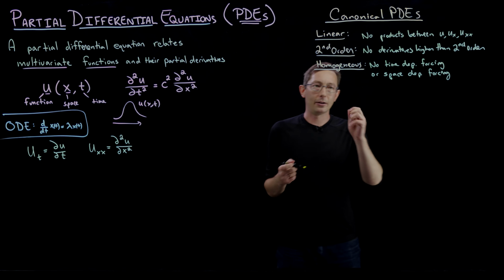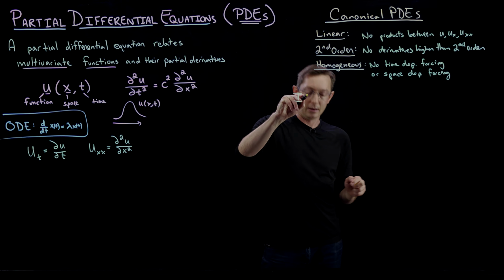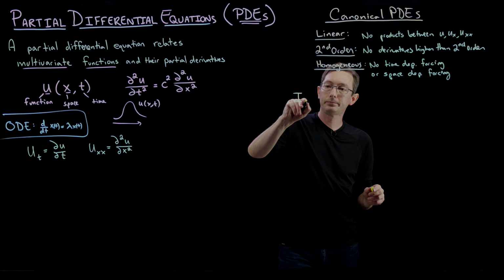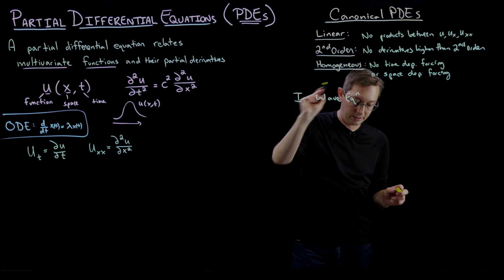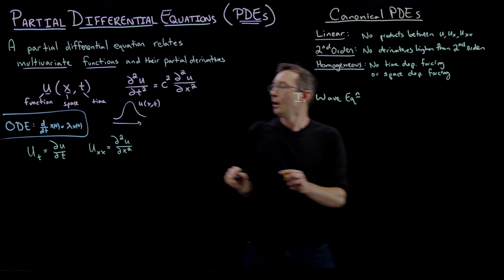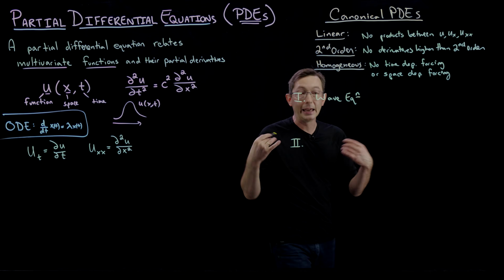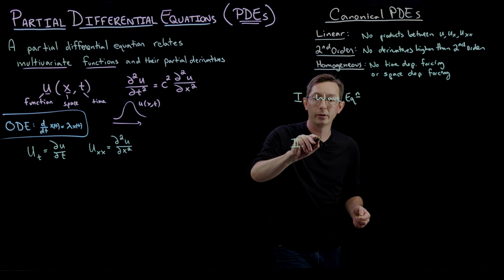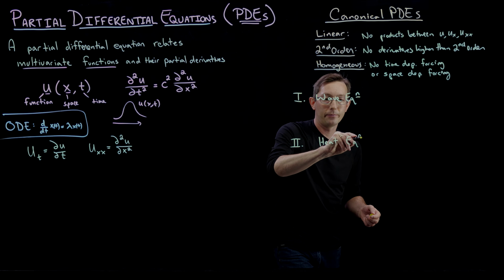And so I want to write down three basic partial differential equations. We have the wave equation, which I've actually already written down before. We have the heat equation. This is one of the most important equations in all of physics, the heat equation.